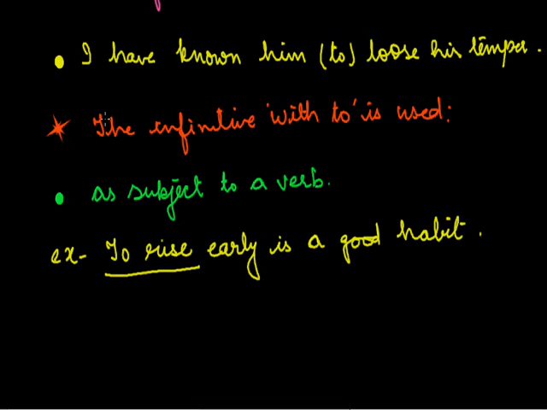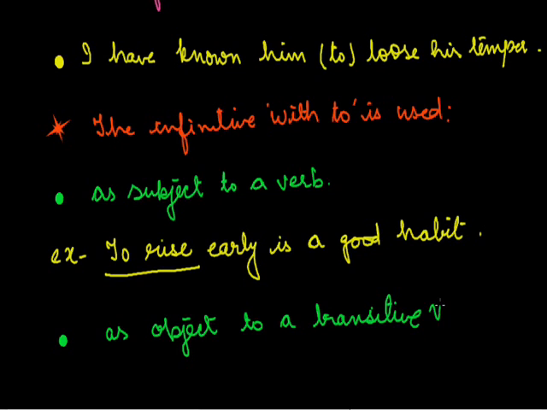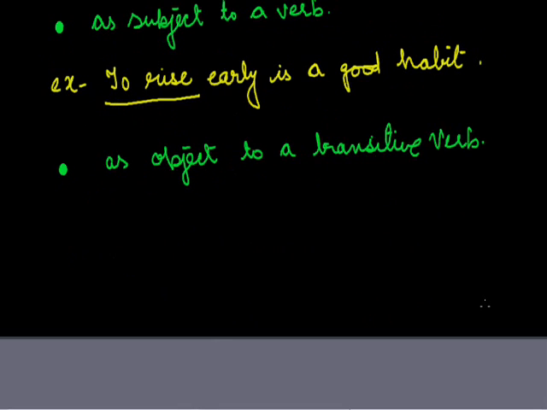And next, as object to a transitive verb. For example, he hopes to pass. This is the object of a transitive verb.